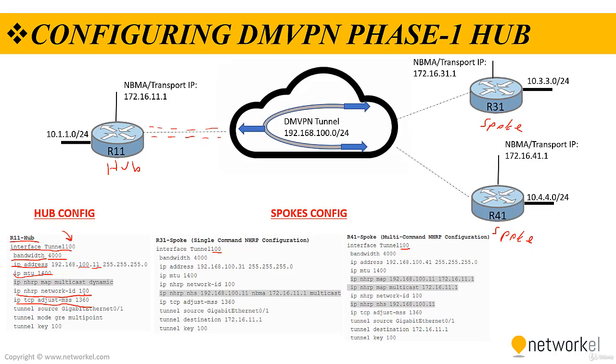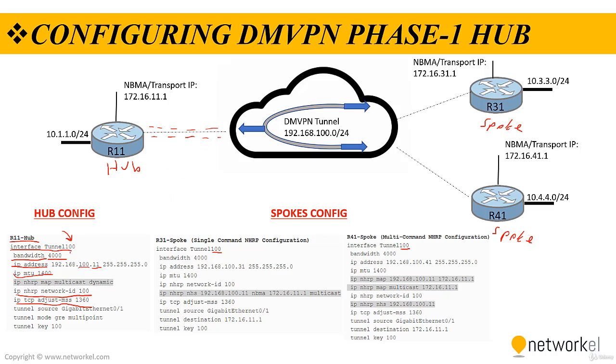The NHRP network ID is locally significant, and it is used to identify a DMVPN cloud on a router because multiple tunnel interfaces can belong to the same DMVPN cloud. It is recommended that the NHRP network ID match on all routers participating in the same DMVPN network.